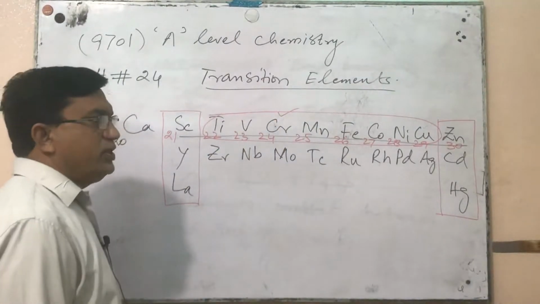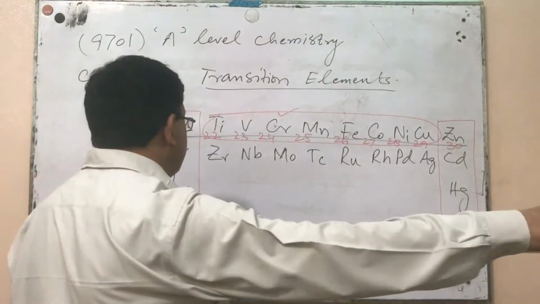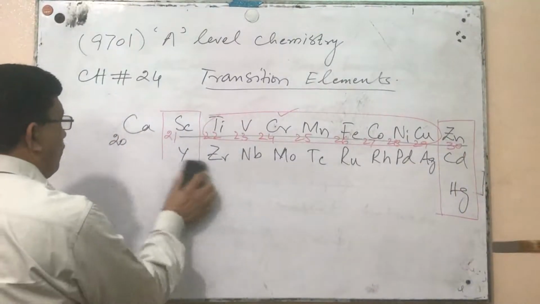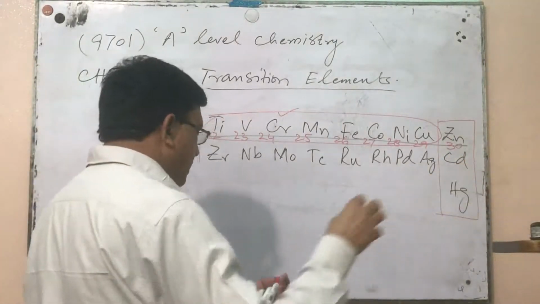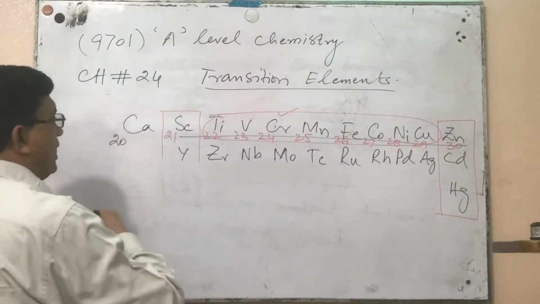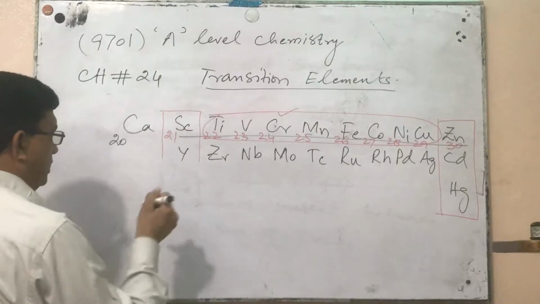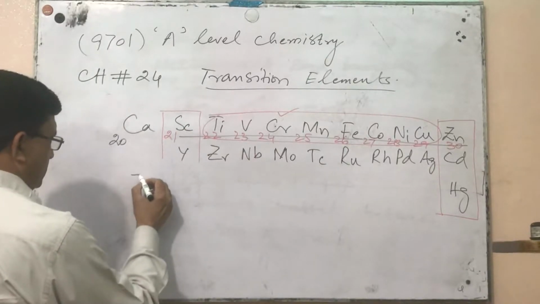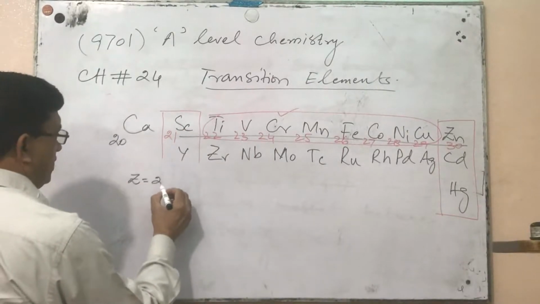Now we are going to discuss the electronic configuration of these elements, one by one. For scandium, the proton number Z is 21.